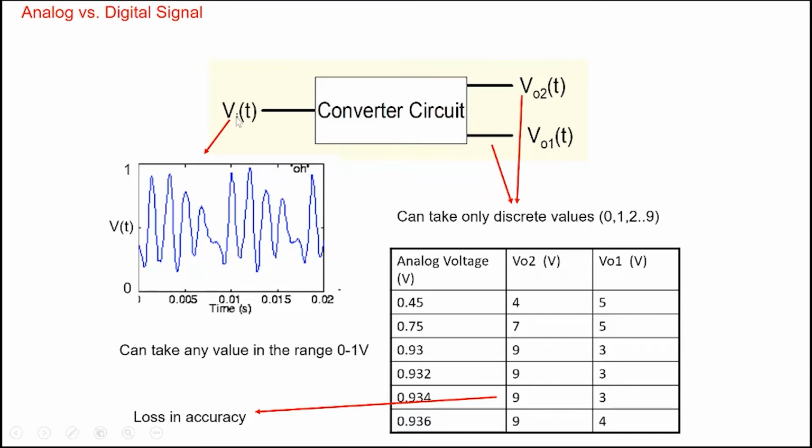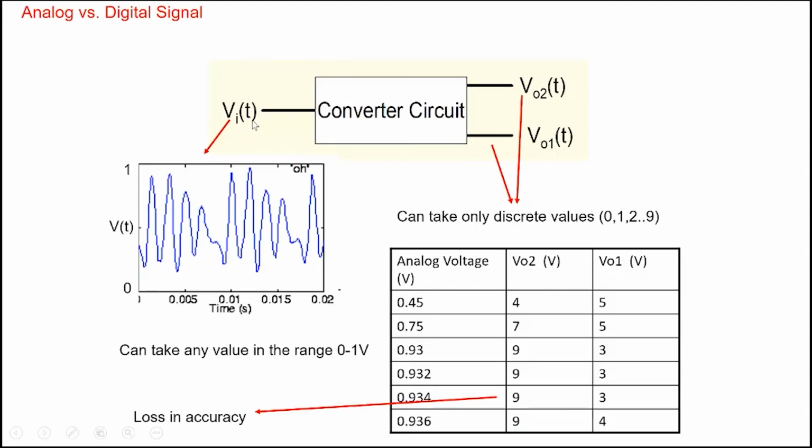Whenever we are converting an analog signal into a digital signal, in this case 2 digits, there's a loss of accuracy. And as you can imagine, we can increase the accuracy by taking, let's say, a 3-digit representation, which would be accurate to the 3rd decimal place. So depending on how accurate we want the conversion process to be, we can take 1 digit, 2 digits, or 3 digits.